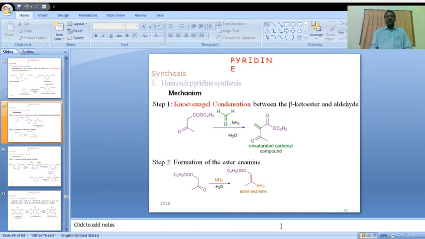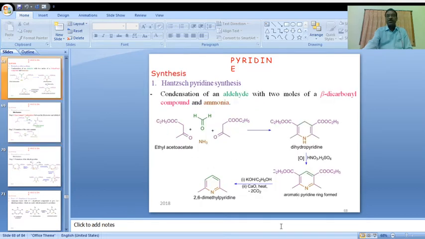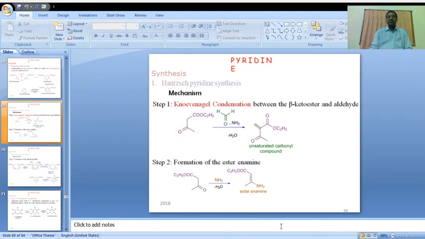Here, Hantzsch synthesis involves a three step mechanism. Step 1: a beta keto ester, a beta carbonyl compound. In the reaction, 2 moles of beta keto ester we are using.